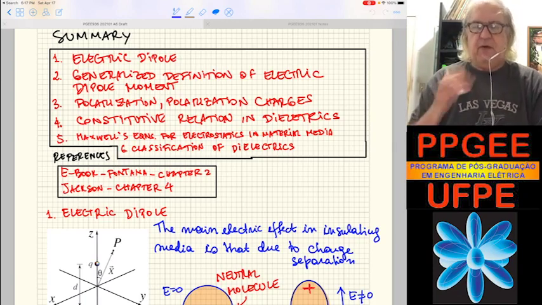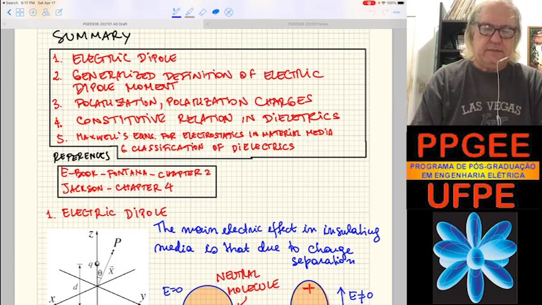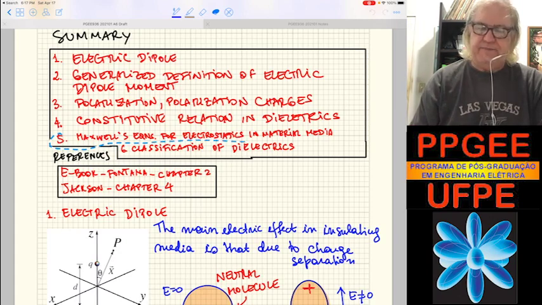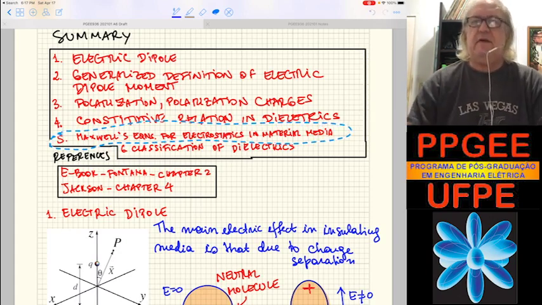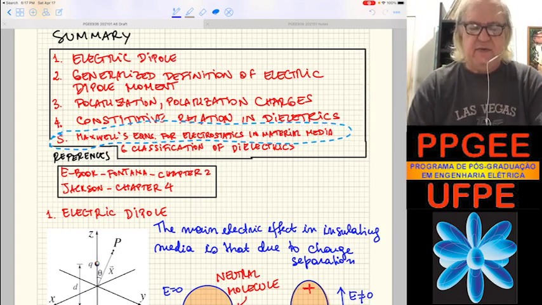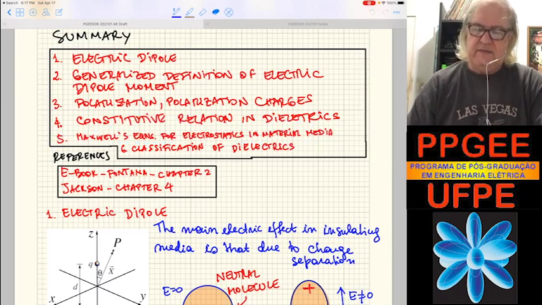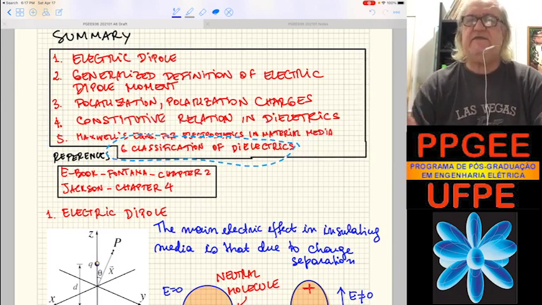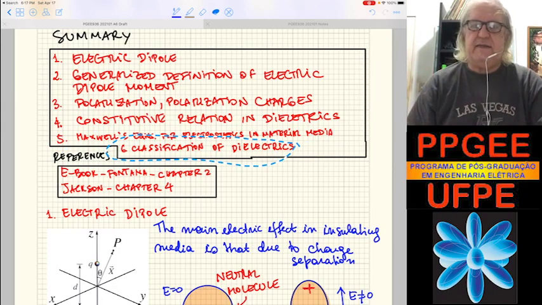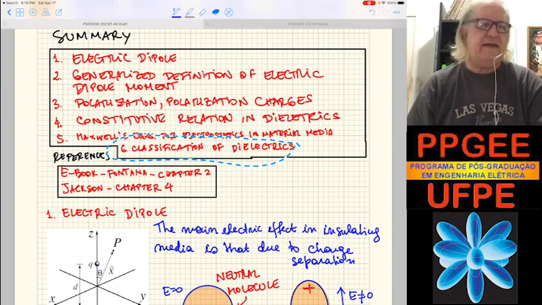And finally, when you have obtained the constitutive relations, then we will be in a position to have the final form of Maxwell's equations in material media. And we will do some simple classification of different types of dielectrics that we find on an everyday basis.